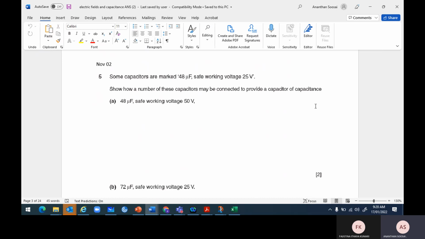The power supply voltage, assuming 50 volt, is connected to a few capacitors where the effective capacitance is 48 microfarad. So you must connect them in such a way that each capacitor should not have voltage more than 25. Okay.